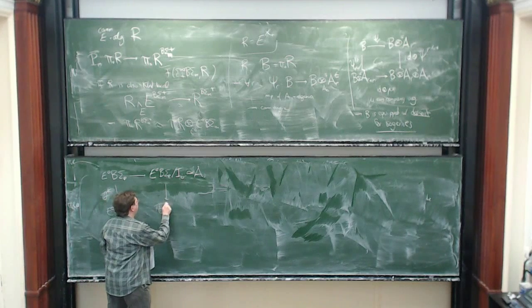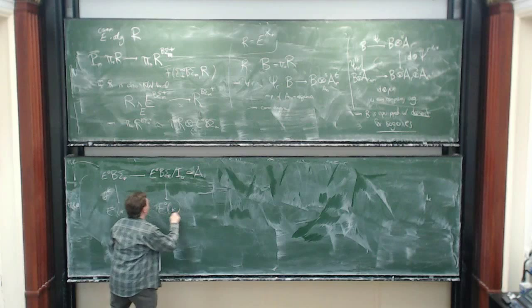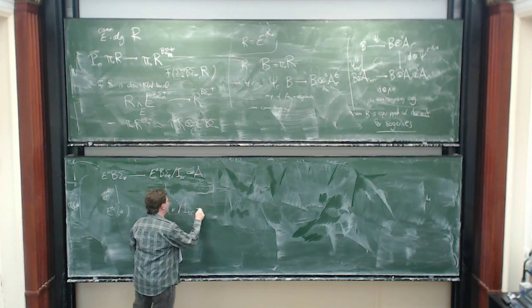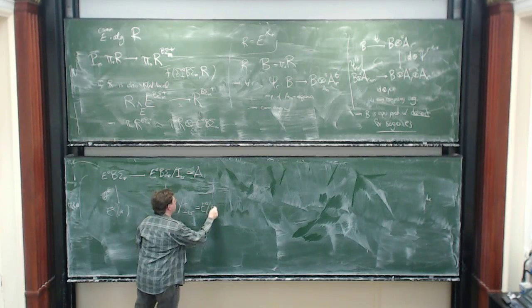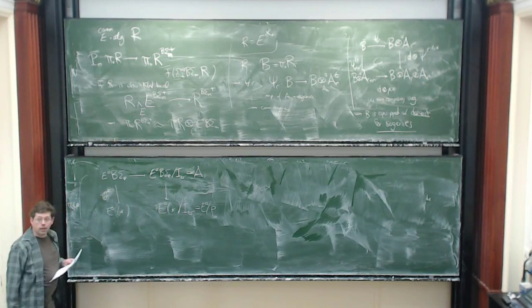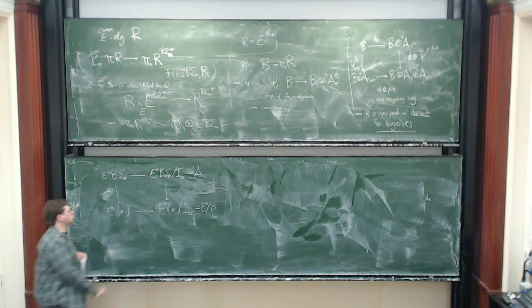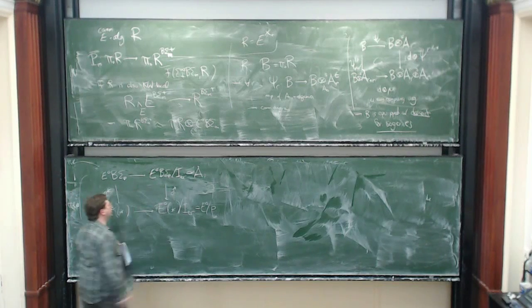And if I restrict to the base point, and then also mod out by the image of the transfer ideal, you can convince yourself that this is really just the coefficient ring mod P, E0 mod P. I have a commutative square like this. This is also induced by restriction to the base point.